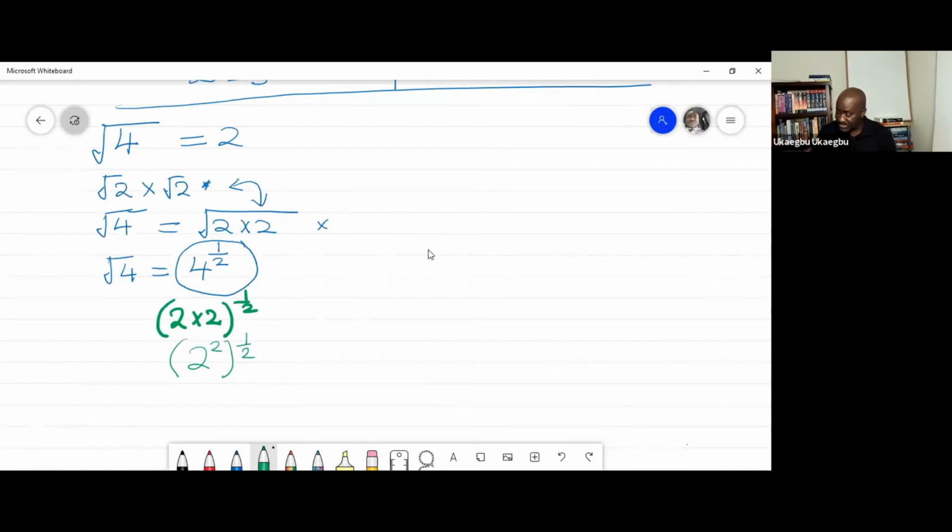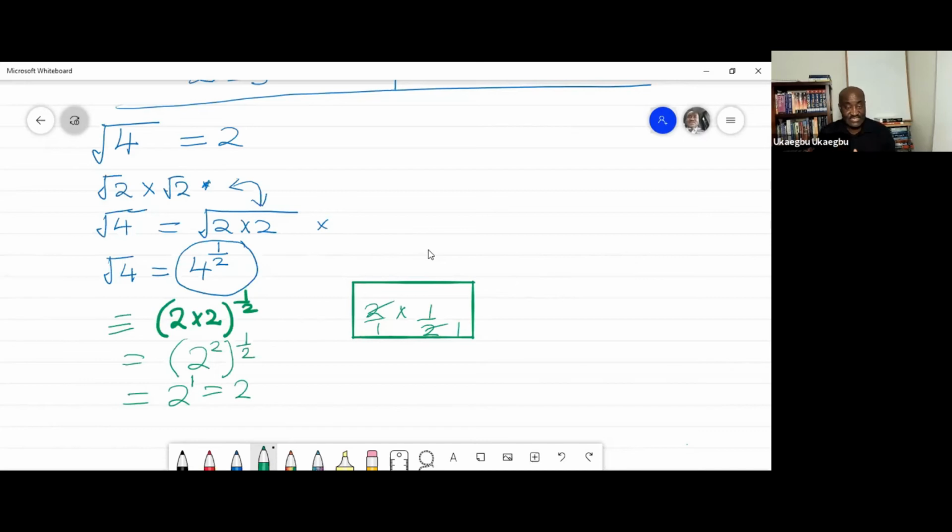So what this means is that the 2 on top is now multiplying with the exponent. Let me expand the exponent. The exponent is like saying 2 times 1 over 2. This is just an expansion I did here, which is 2 times 1 over 2, which gives us 1. So we get 2 raised to power 1, which is 2.